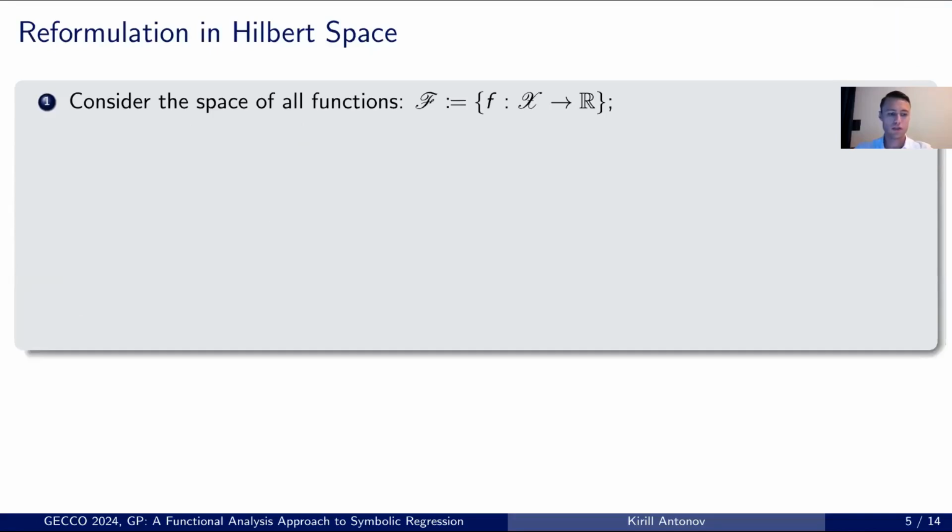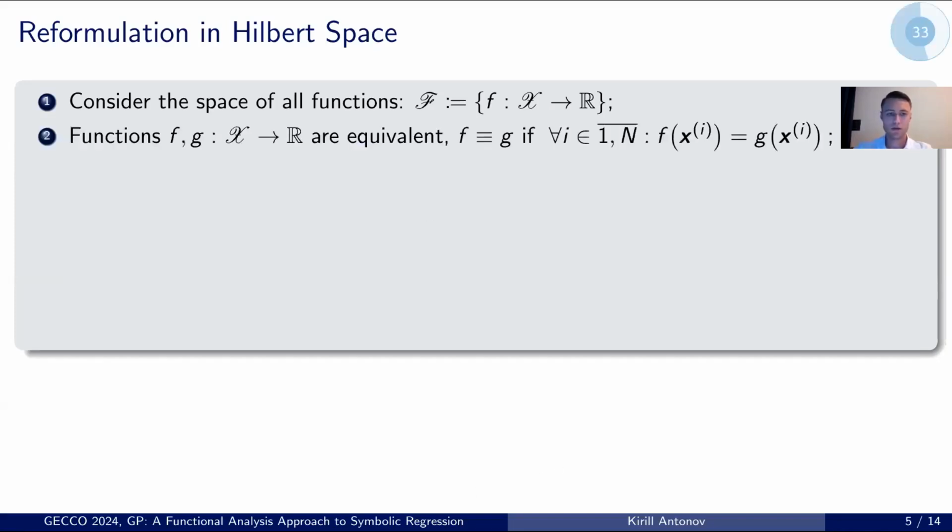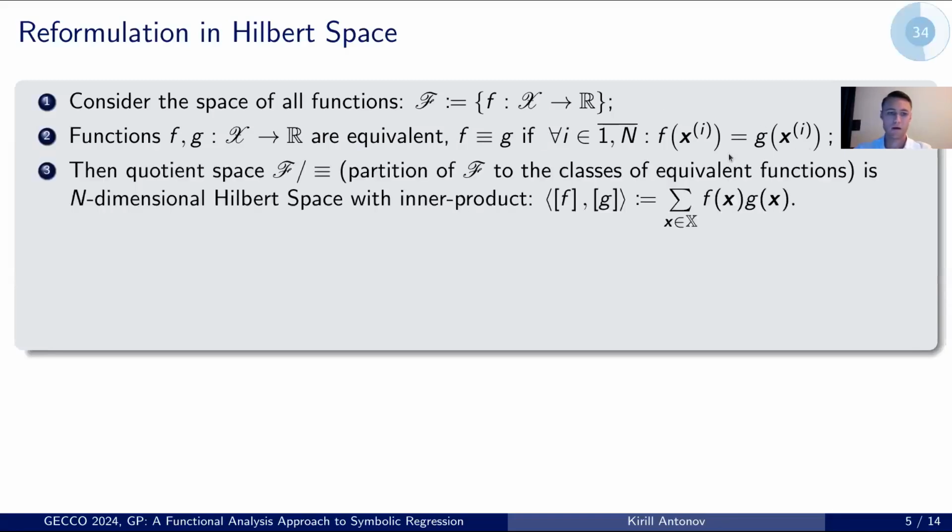In order to change the optimization space from the space of trees to the space of functions, we propose the following reformulation. First of all, we consider the space of all functions, and then we define the equivalence relation, such that two functions are equivalent if their values on all the training data points are the same. Using this equivalence relation, we make a partition of the whole function space into equivalence classes and define the inner product.